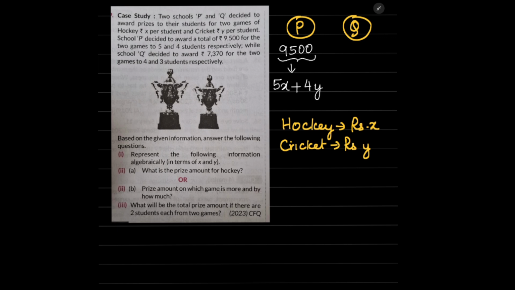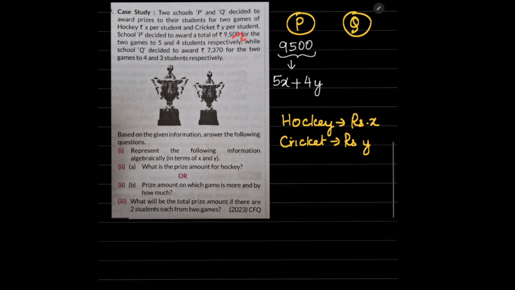So school P has decided to give a total of 9,500 for the two games to 5 and 4 students respectively. What does it mean, 5 and 4 students respectively? 5 hockey and 4 cricket respectively.